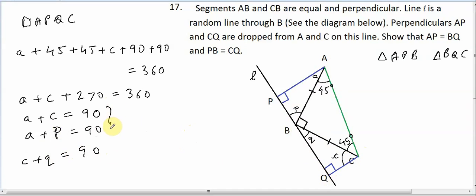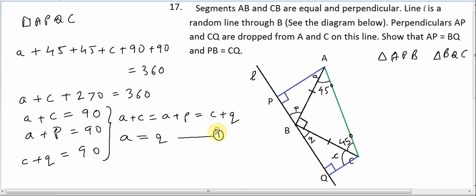So these three give us this equation. And this equation which I just wrote tells us that angle A is equal to angle Q and angle P is equal to angle C.